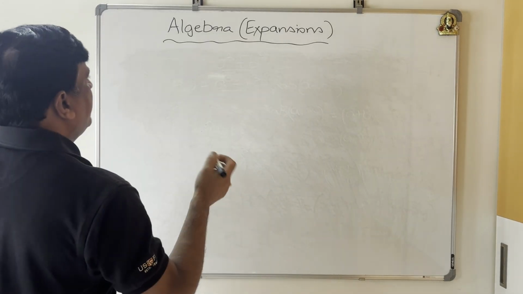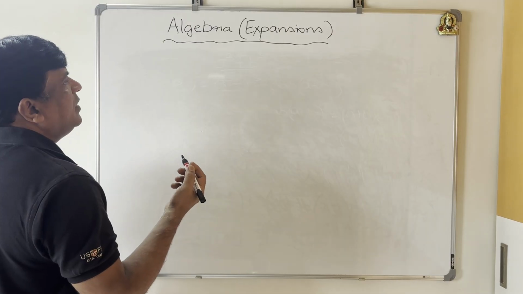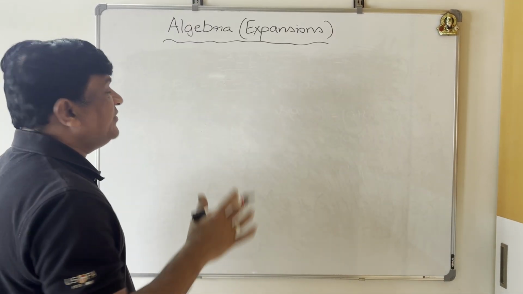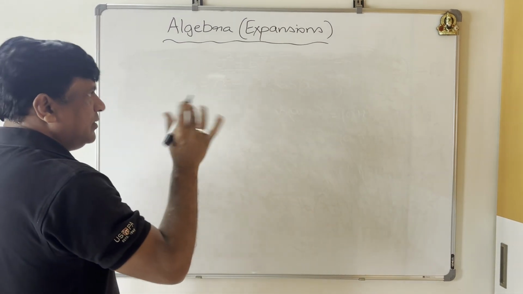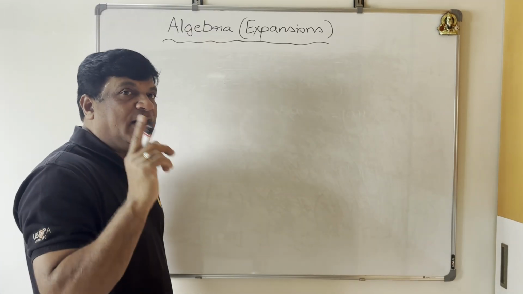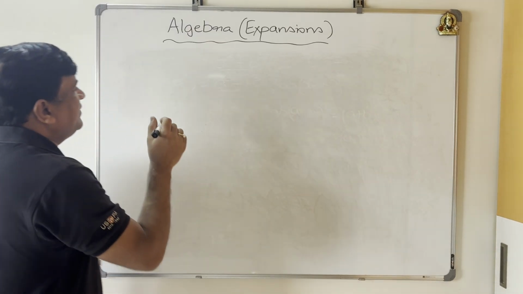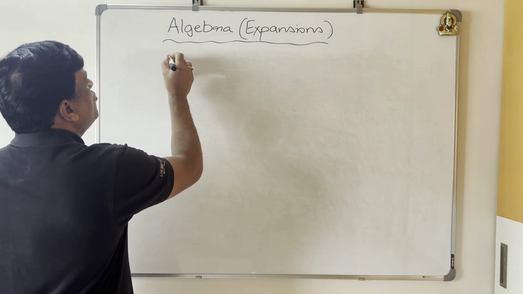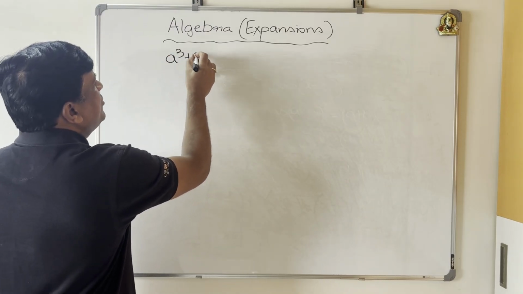So let's look at a cubic expression, which has 3 variables. This is one more very important formula which you need to remember to tackle a lot of problems. For example, what did we see in a cube plus b cube?